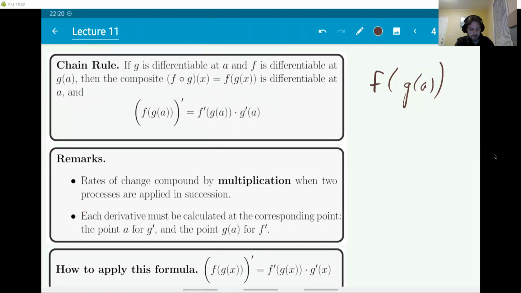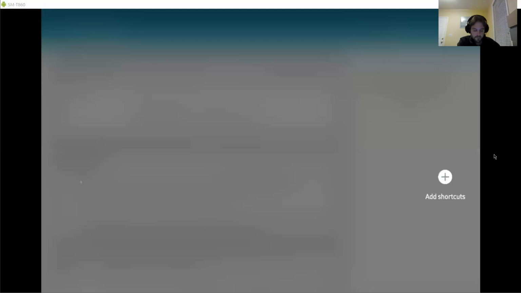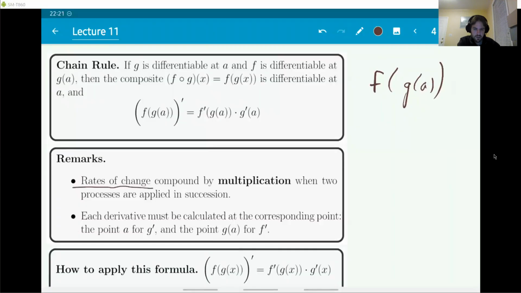And the first remark is more like trying to get an intuitive understanding of this formula. Why are we multiplying this? It's a fact that rates of change, which is the meaning of the derivative, compound by multiplication when two processes are applied in succession. That's exactly what you mean by applying a function, like in this g first and then f.